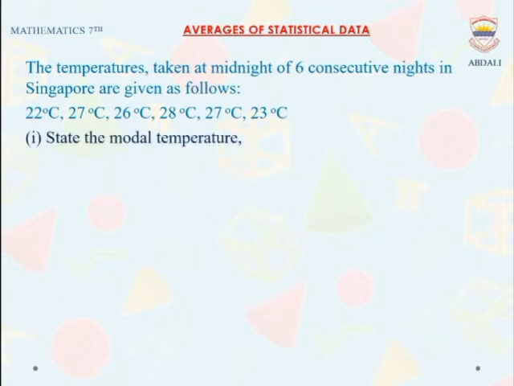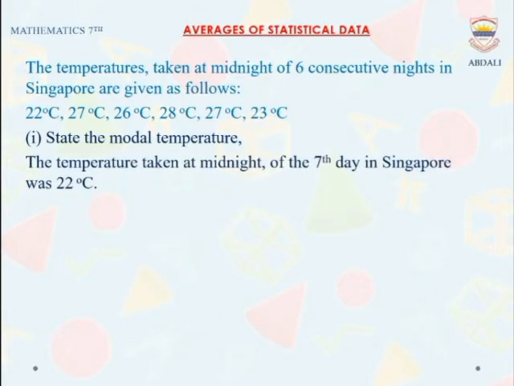So part 1 is, state the modal temperature. Now we are talking about mod. So here we have to show the modal temperature. Okay, so the temperature taken at midnight of the 7th day in Singapore was 22 degrees centigrade.